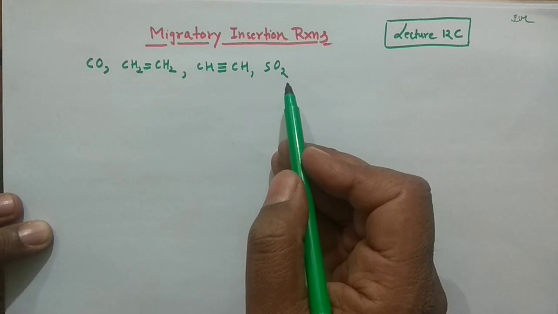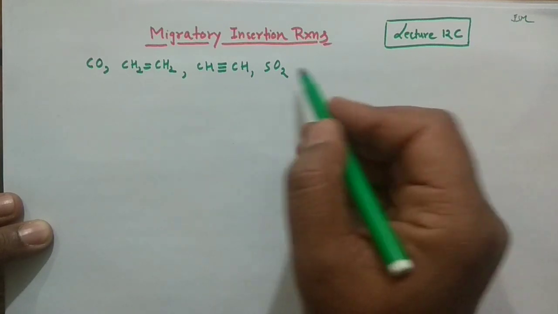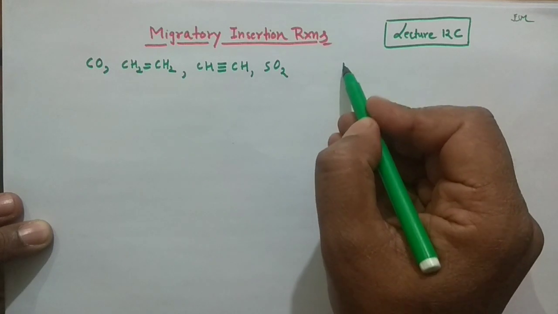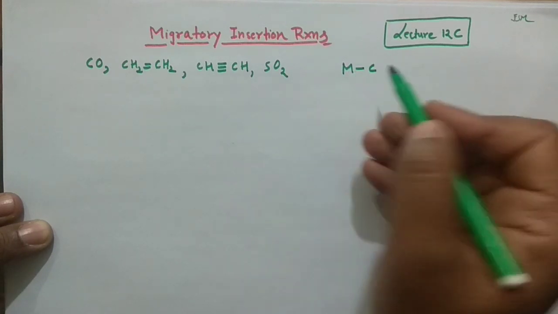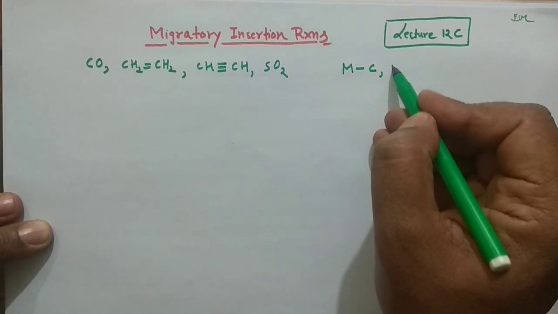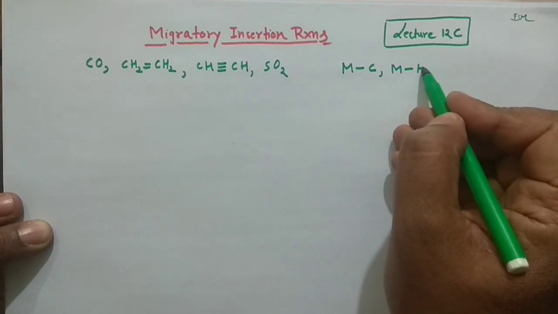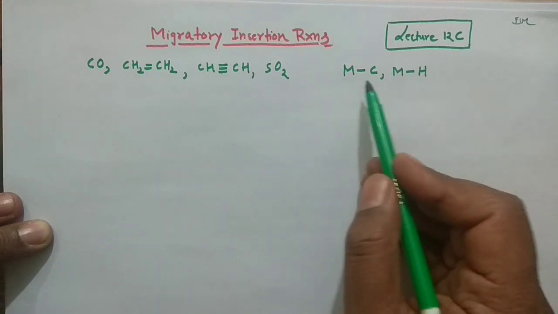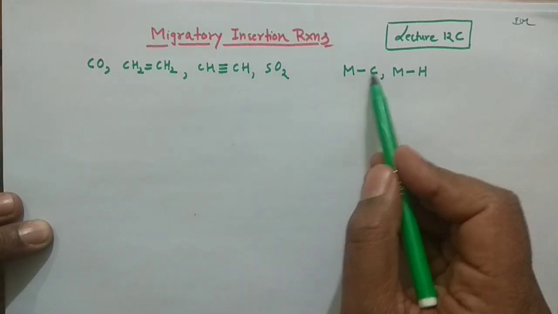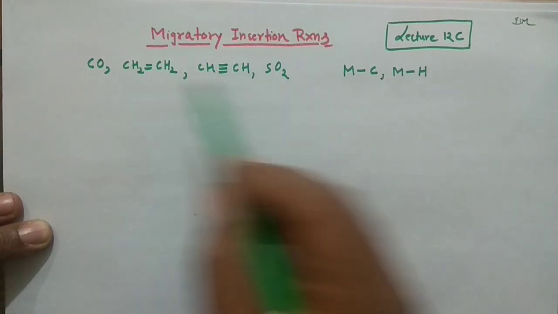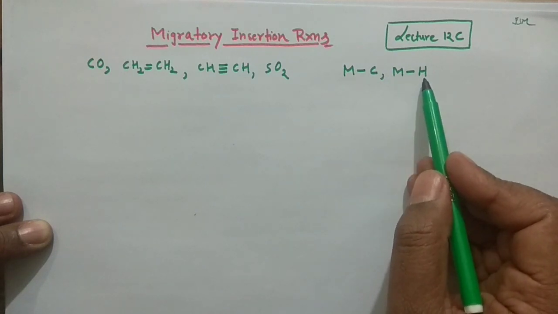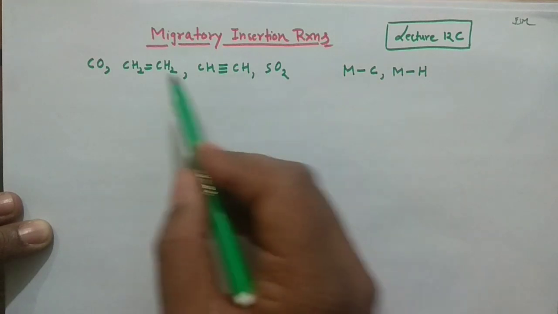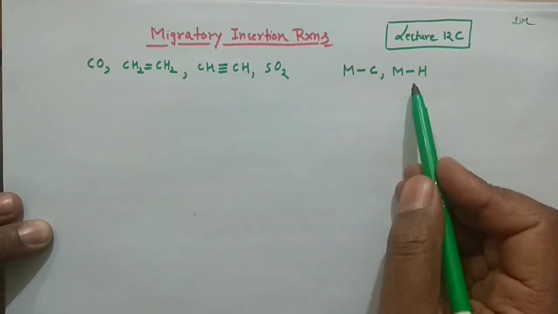These are all small molecules, and these molecules can be inserted into the metal carbon bond, okay, and they may also be inserted in the metal hydrogen bond. So you will take this carbonyl, and you can insert it in between these two bonds. You may insert this carbonyl between the metal and hydrogen bond, and the same is true for alkene, alkyne and SO2. You may insert this alkene in between these two groups.